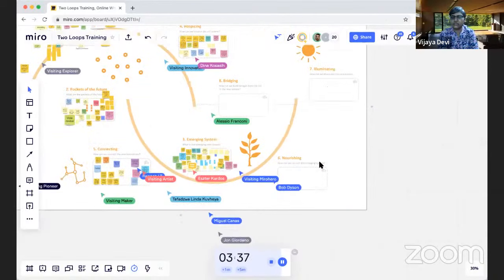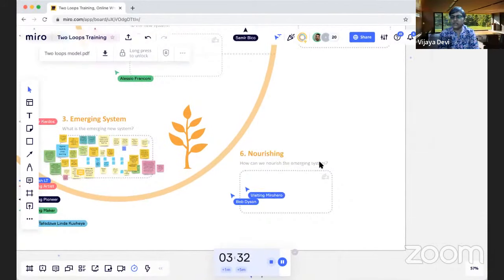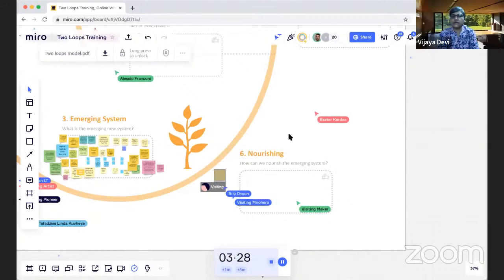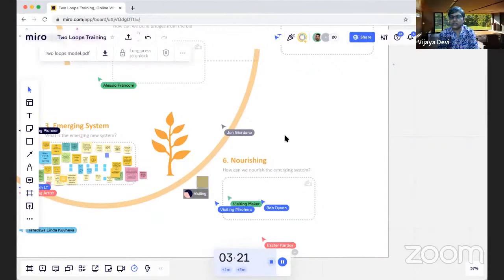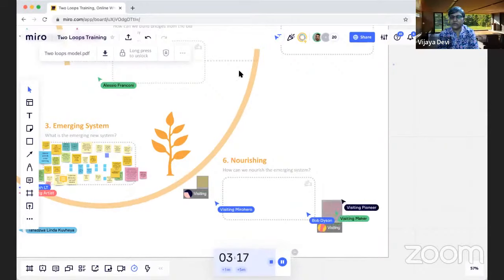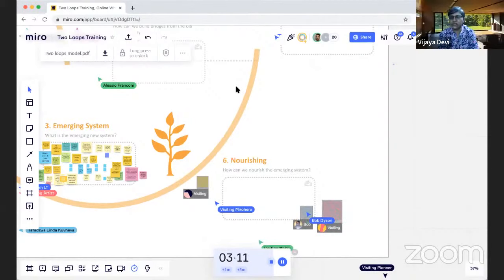So these innovators have found their places, and they're able to share their ideas, and they are able to meet, and we've been able to name who these innovators are. So for this emerging system to emerge in a coherent pattern, we need to nourish these innovators, not just connect them and name them.